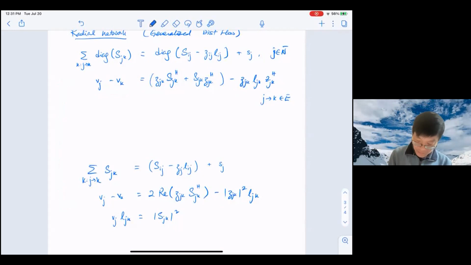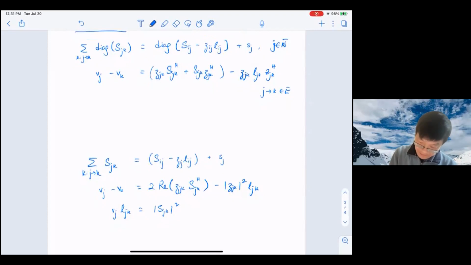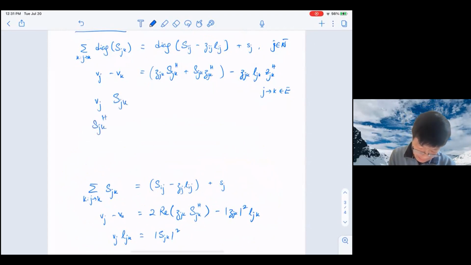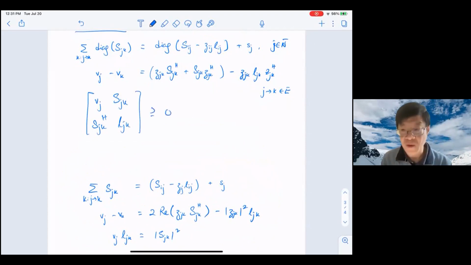And then what about this, right? Well, it turns out the right generalization of this quadratic equation is the requirement that the matrix with V_j, which is 3x3, S_jk, which is 3x3, S_jk Hermitian transpose, and then L_jk, this 6x6 matrix, has to be positive semi-definite and of rank 1.